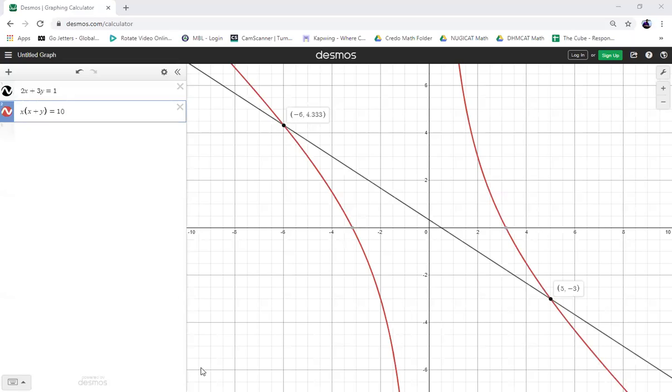So now you can look at the graph, that is 2x plus 3y is equals to 1, and x into x plus y is equals to 10. So after solving it, you can look at it that we have the values of A and B. So what we had written this value equals to A. So this is the intersection point A, and I have written this value equals to B. So you can see the line and a curve is basically intersecting at 2 points.